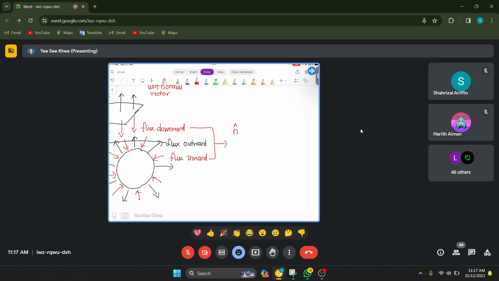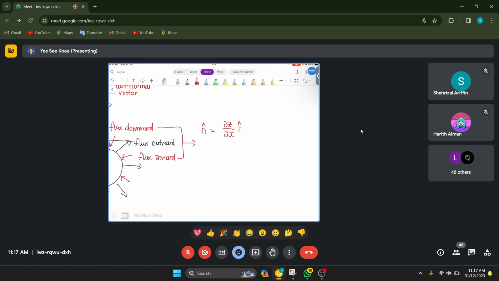The unit normal vector is equal to del z over del x i, plus del z over del y j, minus k, divided by the square root of del z over del x squared plus del z over del y squared plus 1. This happens when the flux is downward and inward.